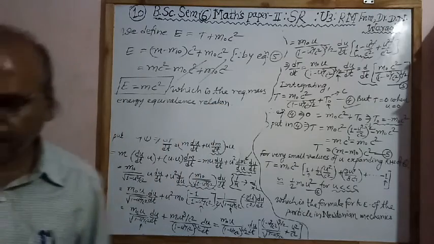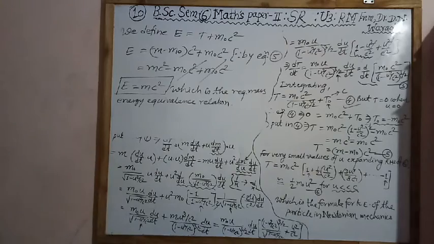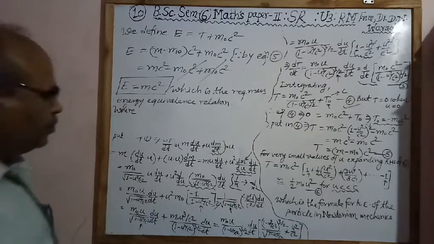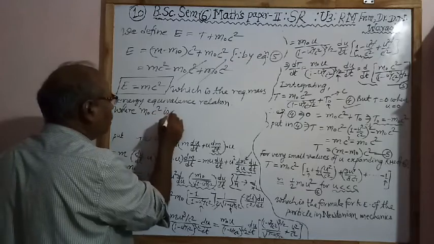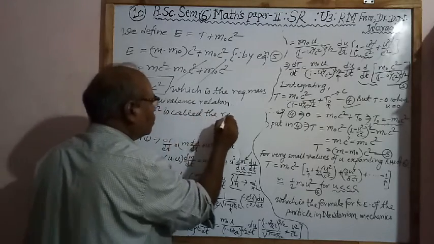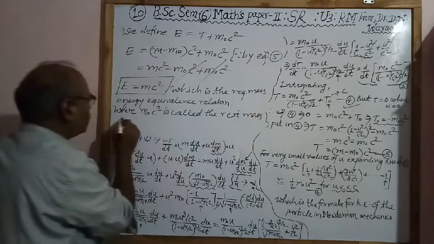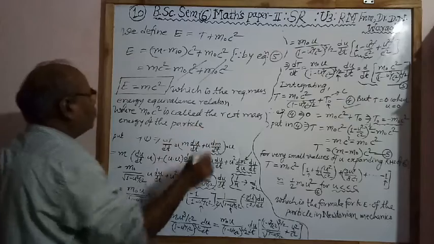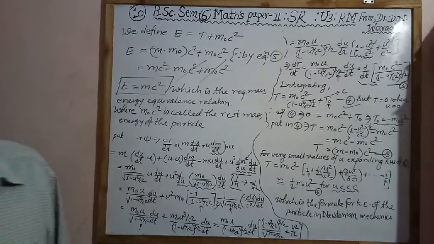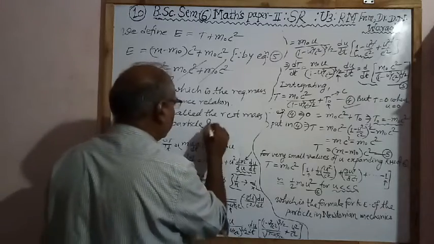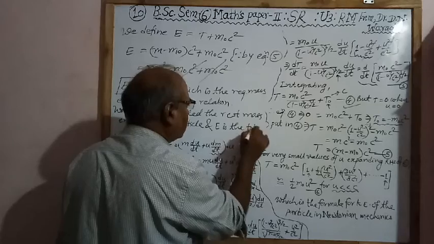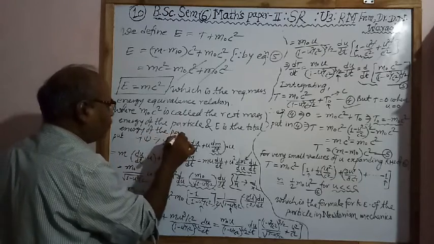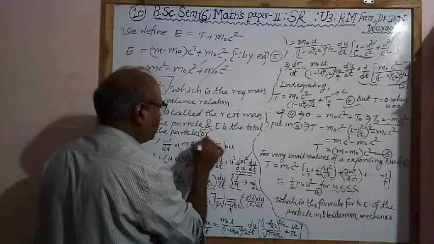Mass energy equivalence relation, where m0 c square is called the rest mass energy of the particle, and E is the total energy of the particle.